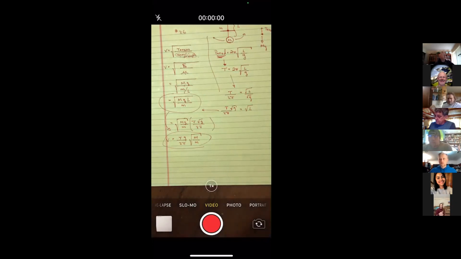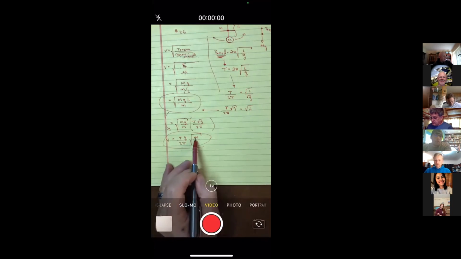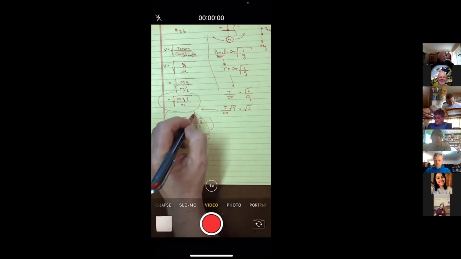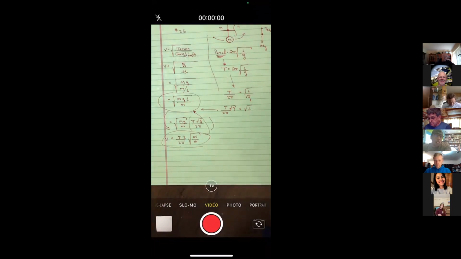And let me check the solutions. Number 26, I think this is what they wrote. They've got the, yeah, see, they wrote it in terms of period and g and 2 pi and the square root of m. So you were on the right track, and you even stopped at what I would call a legitimate place.